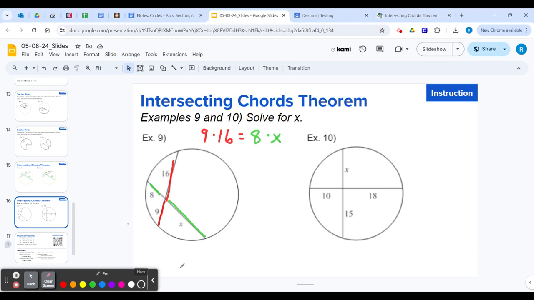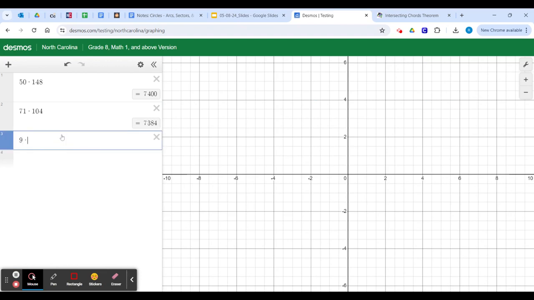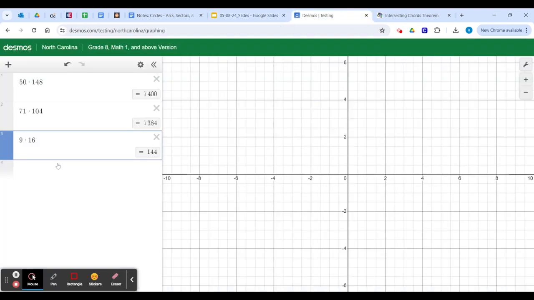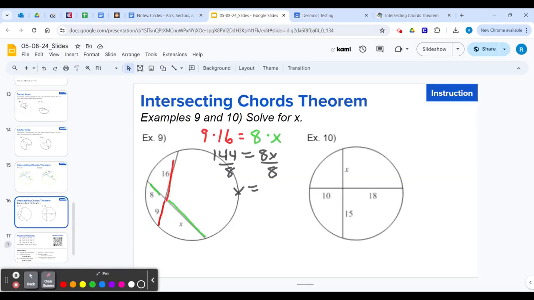That 9 times 16 is going to be 144, and that equals 8x. Then we can divide by 8 and get that our x value equals 144 divided by 8, which is 18.